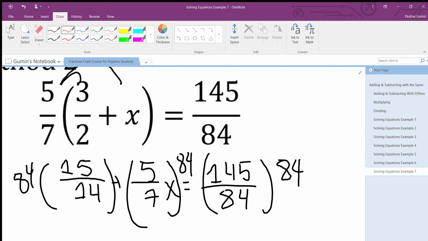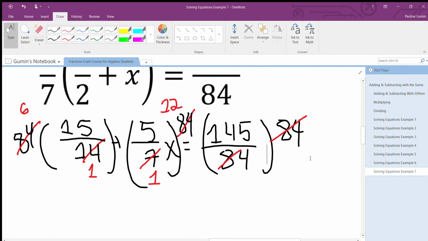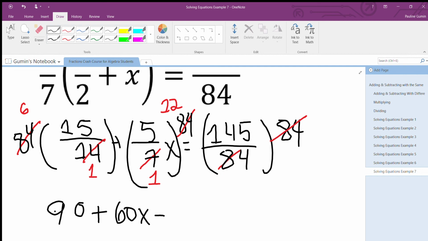Alright, let's see what we get. 14 times 6 is 84. 7 times 12 is 84. 84 times 1 is 84, so those cancel. Okay, let's check out our new equation. Our new equation is going to be 15 times 6 is 90 plus 60x equals 145.